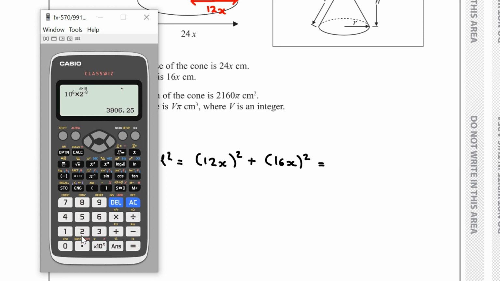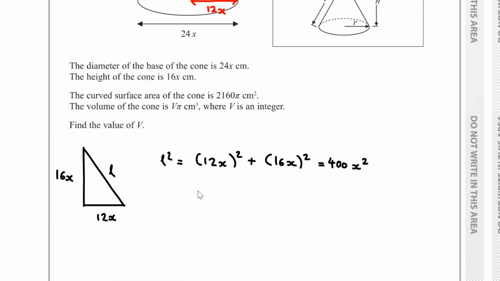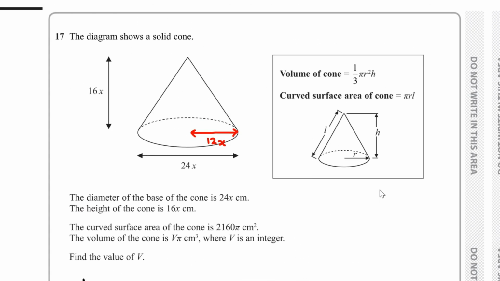So if we work this out, we have 12 squared plus 16 squared, which is 400. So here we're going to have 400x squared, and if we square root that, you can find L to be 20x, which is the square root of 400x squared. So here, the slanted height, as we see here, is 20x.